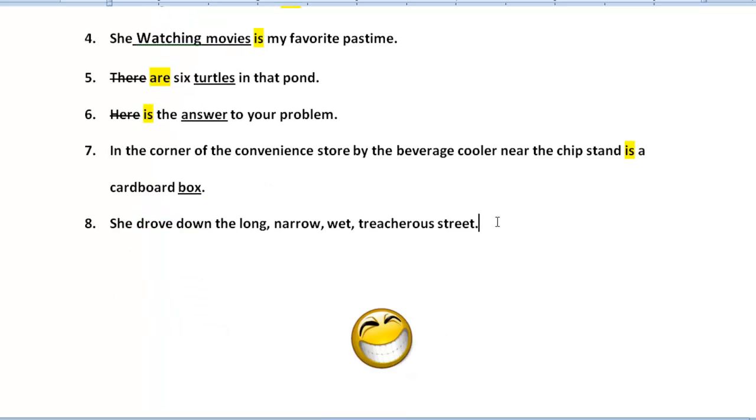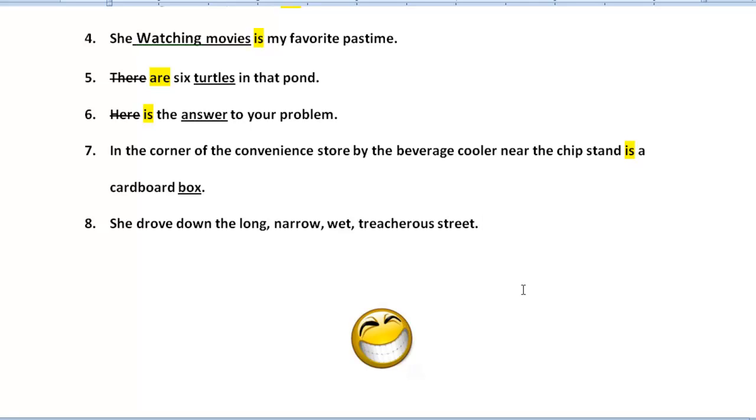Now, in this last example, if you're still doing the old method of finding the subject first, and somebody told you to find the subject, you figure out what the sentence is about. Well, if I'm looking at this sentence, she drove down a long, narrow, wet, treacherous street, I'm probably thinking that street's the subject of this sentence. Look how many words go with it. It's long, narrow, wet, treacherous. Street, it seems to me, is the subject of this sentence.